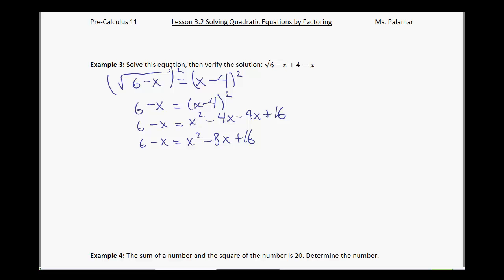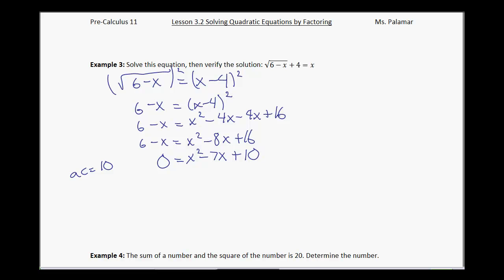But we need to set our equation equal to 0, and since our leading coefficient of x squared is positive on the right-hand side, we'll have 0 on the left-hand side here. We're going to have 0 equals x squared minus 7x plus 10. So now we need to go ahead and factor this quadratic equation, and we're going to get an AC of 10.